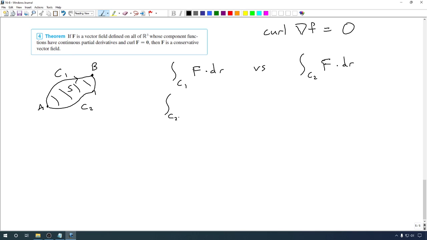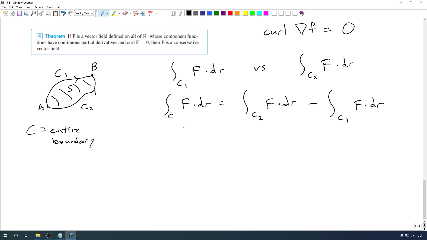So we'll have the integral over the whole boundary, C. So C is the entire boundary. The integral of f dot dr is the difference between these two, essentially. We have the integral along C2, but then when we're going backwards, we treat that as the negative of the integral over C1.